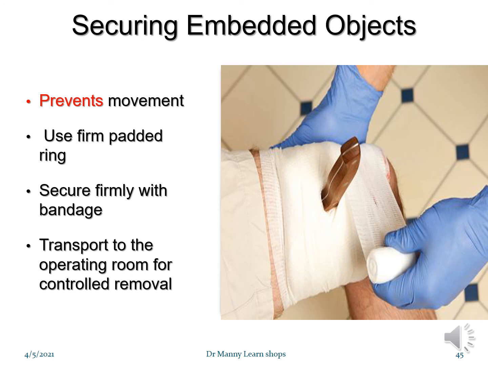Then it's bandaged firmly so that the victim can be transferred to the hospital, or if they're in the emergency department, to the operating room for removal in a controlled environment with all the equipment there, medications there, the experts there. Securing the embedded object prevents movement. That's the role.